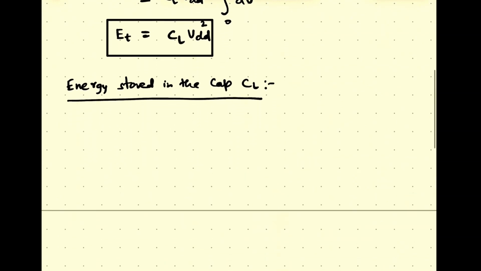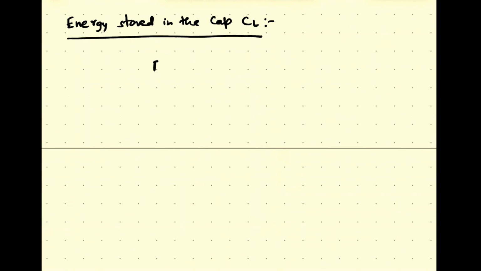So the energy stored in the capacitor is nothing but the integral of the current through the capacitor, which we know is CL dV by dt.